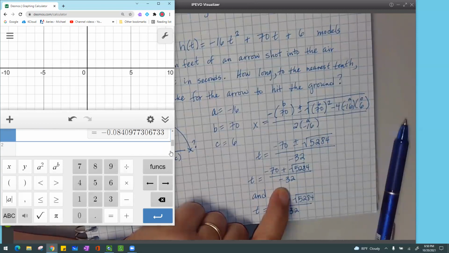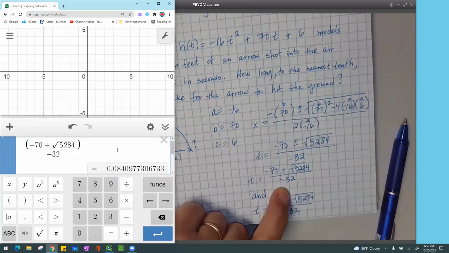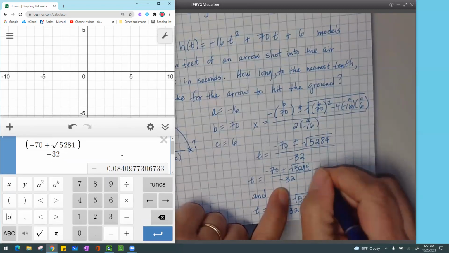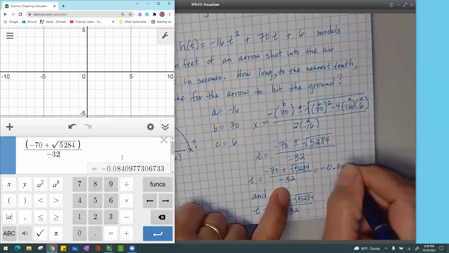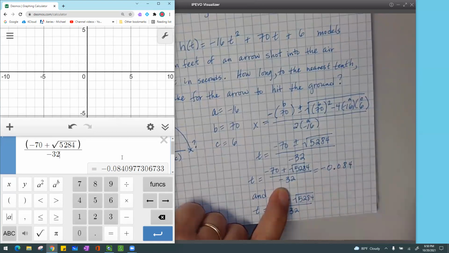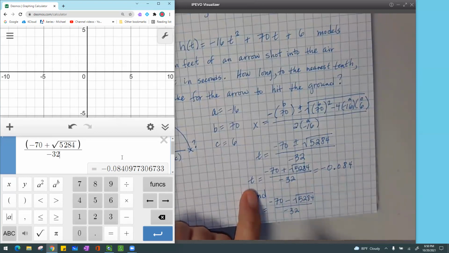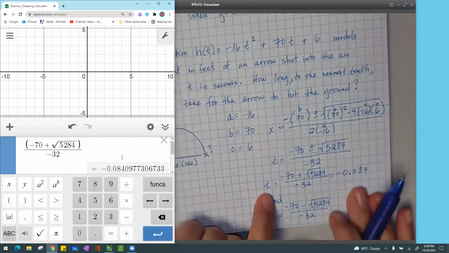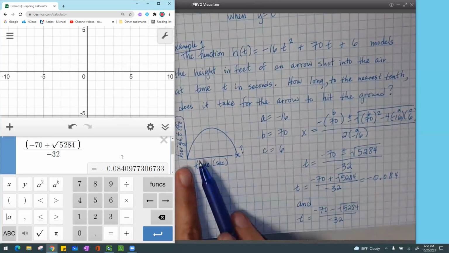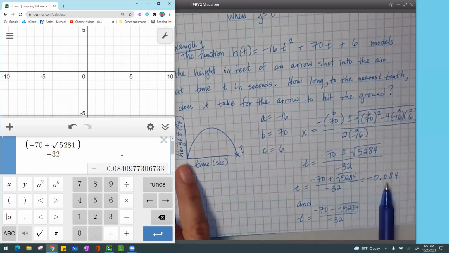Okay, my solution is -0.084, time 0. This is the time when I shot the arrow. This is not helpful to answer my question.